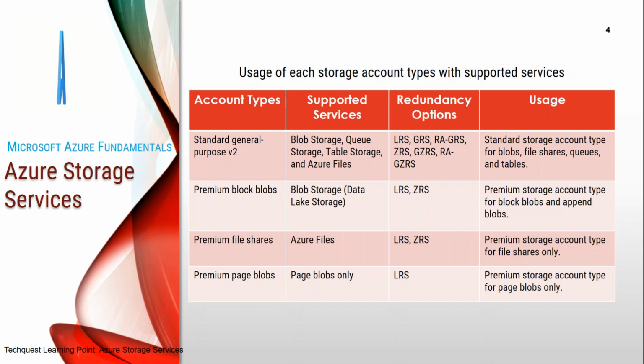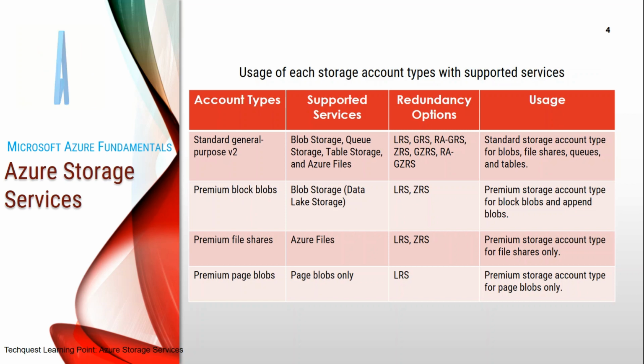Account type: premium block blobs. Supported service: Blob storage including Data Lake Storage. Redundancy options: LRS, ZRS. Uses: premium storage account type for block blobs and append blobs. Account type: premium file shares.